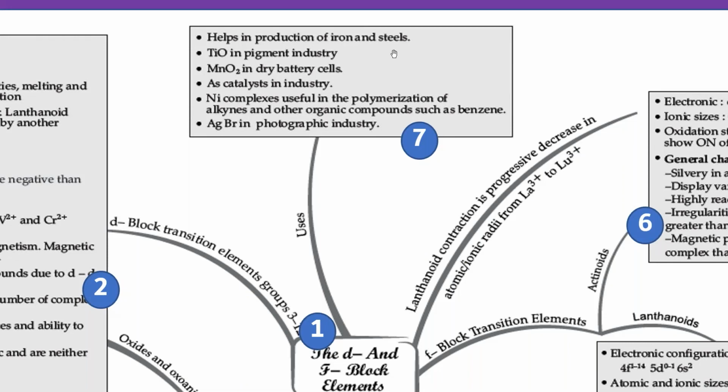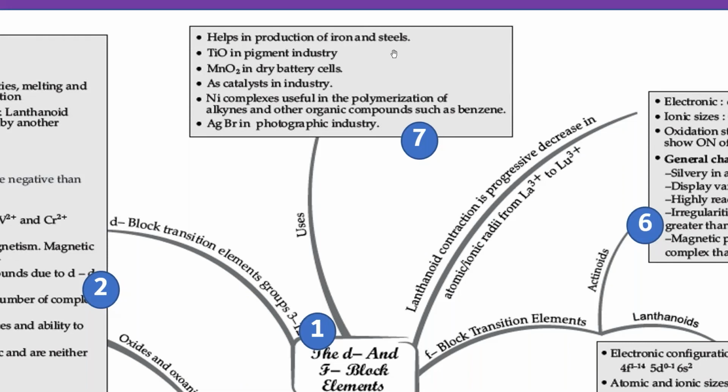And in terms of d block elements, titanium forms an oxide called titanium oxide, TiO2. This is used in the pigment industry. Manganese oxide, which is MnO2, can be used in dry battery cells, and other catalysts that are used in the industry are V2O5, TiCl4, nickel, etc. Nickel especially is used in the hydrogenation of fats, changing vegetable oil to vegetable ghee.